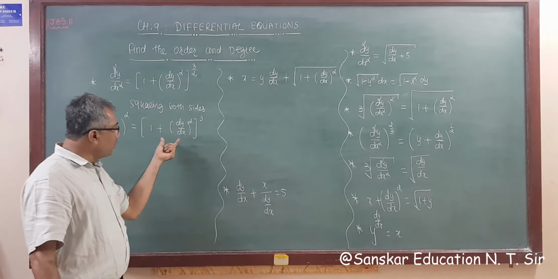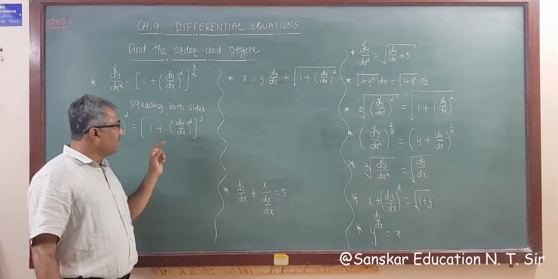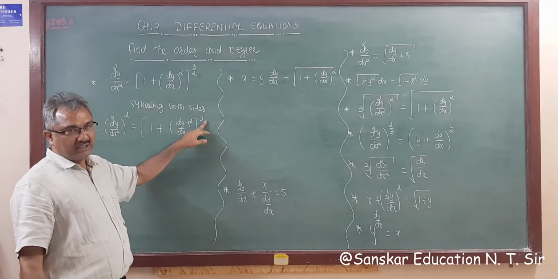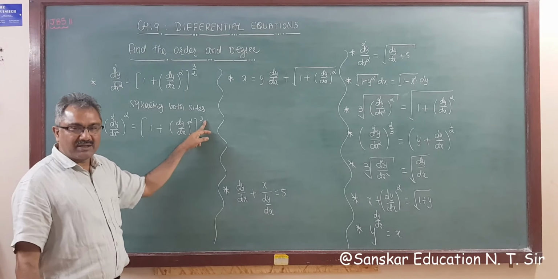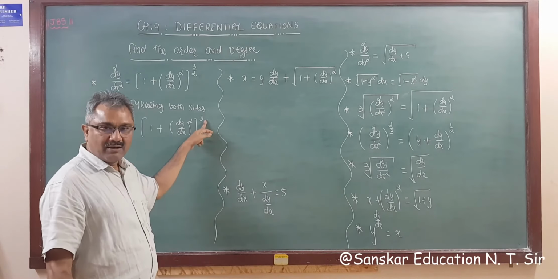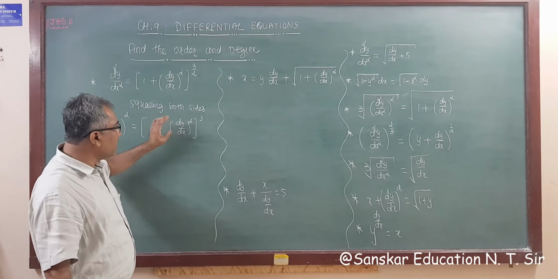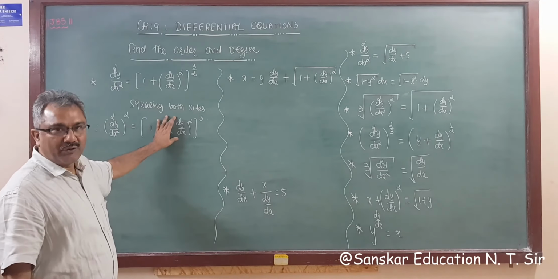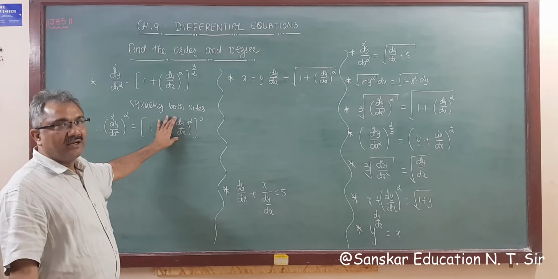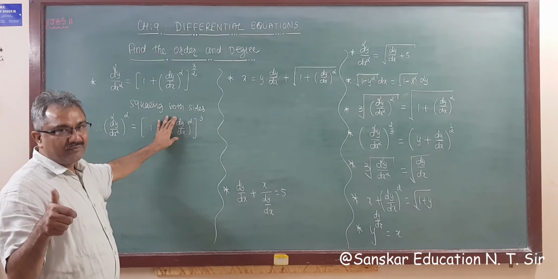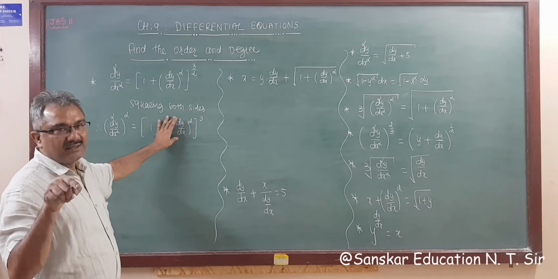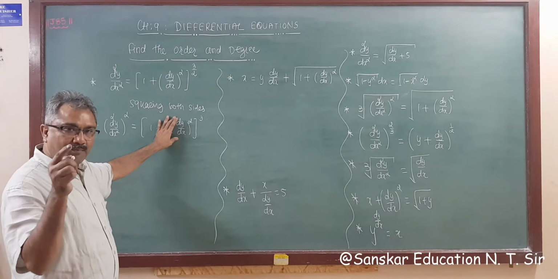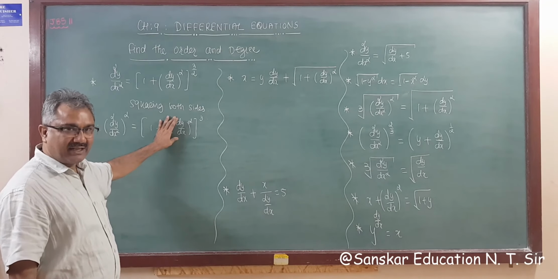But we need to expand this. This is a plus b whole cube. That formula is a cube plus b cube plus 3a square b plus 3ab square. But here power of derivative is 1 only. Means we need highest order derivative. Order of that is your order, and the power of that highest order derivative is degree.